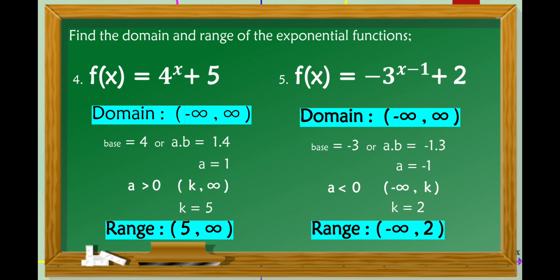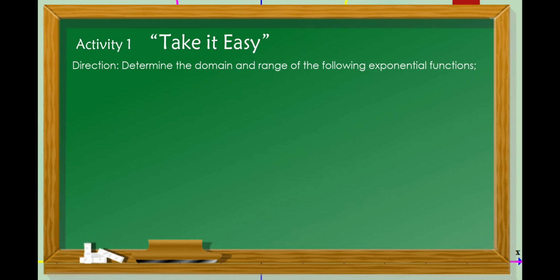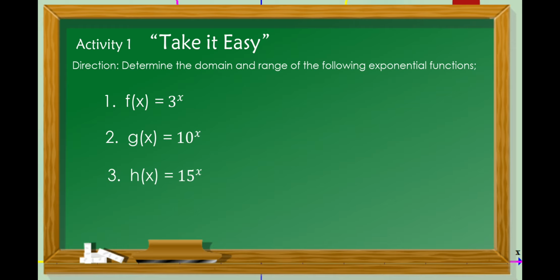Okay, so for your activity, activity 1 is Take It Easy. What you're going to do is determine the domain and range of the following exponential functions. For number 1, function of x is equal to 3 raised to x. Number 2, g of x is equal to 10 raised to x. Number 3, h of x is equal to 15 raised to x.